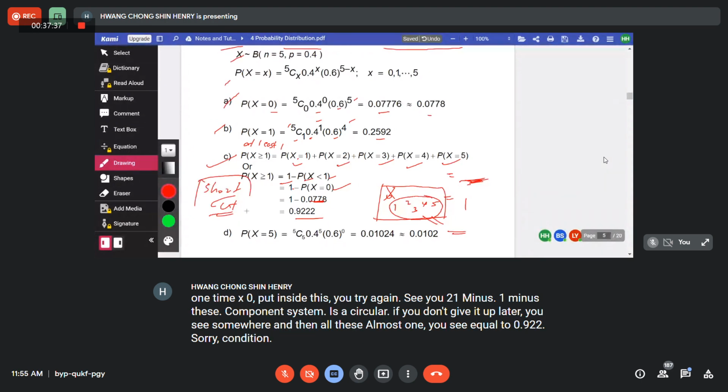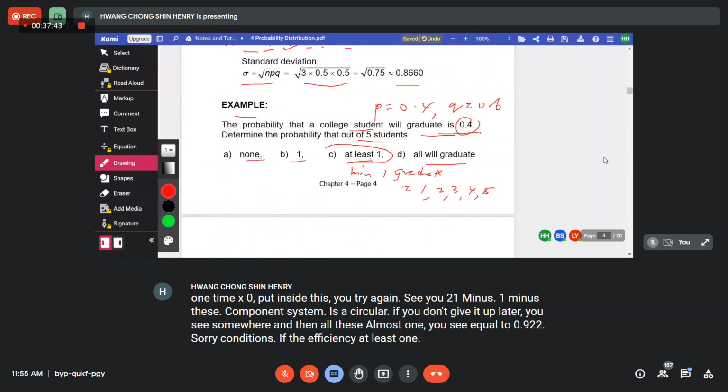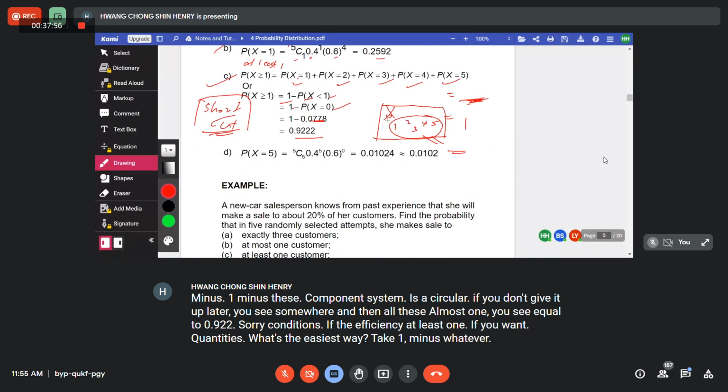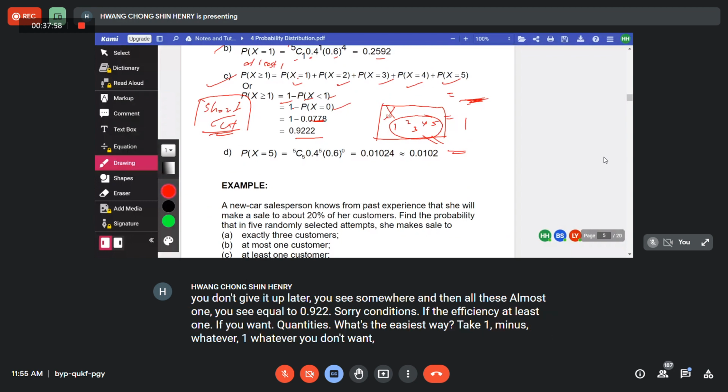Whenever you do a tutorial later on, or past questions, if the question says at least 1, or you have 5 students, okay, if you have 20 students, are you going to do from 1 to 20? 1 whole list. What's the easiest way? Take 1 minus whatever you don't want. Whatever you don't want is 0.